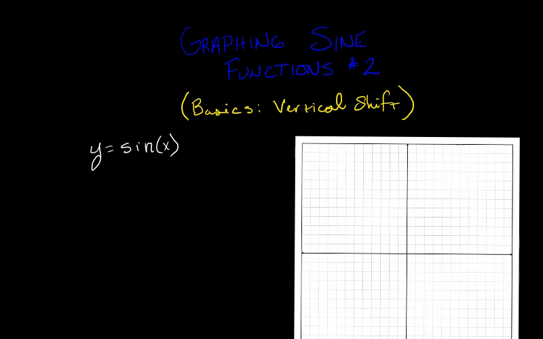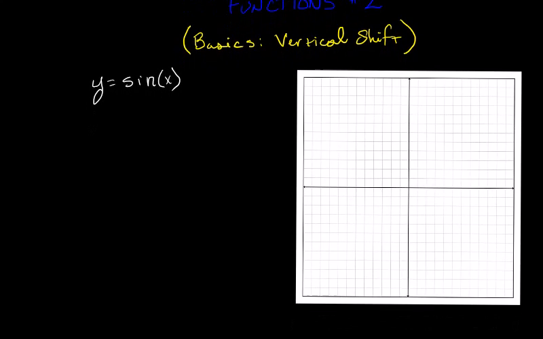But just as a quick refresher, remember that a sine function has amplitude, and the amplitude is how high the graph goes and how low the graph goes from the middle line. It also has a period of 2 pi, and I'll make a video on period changes.